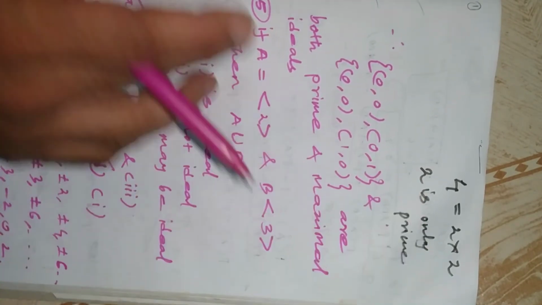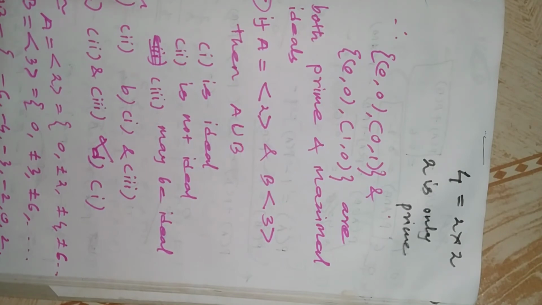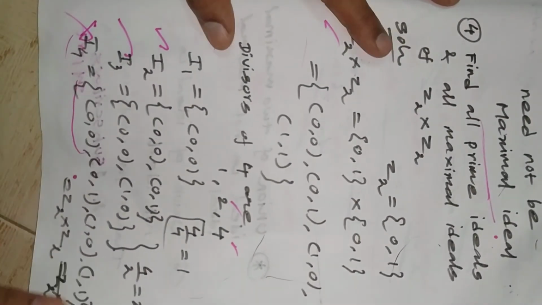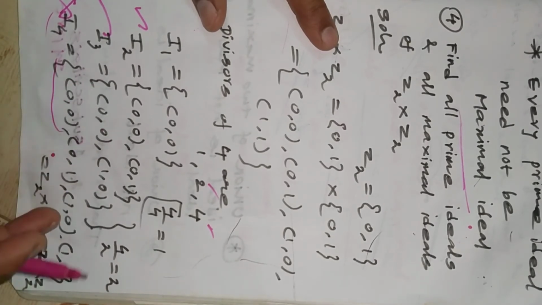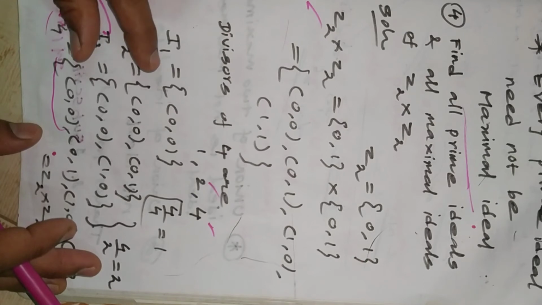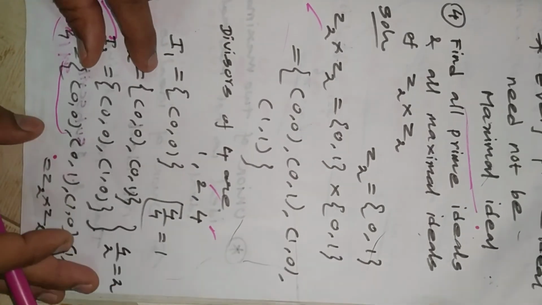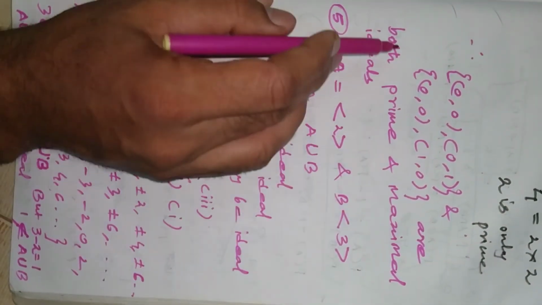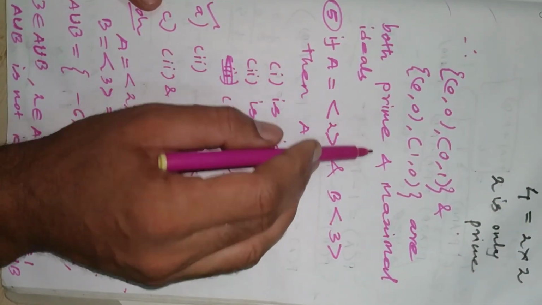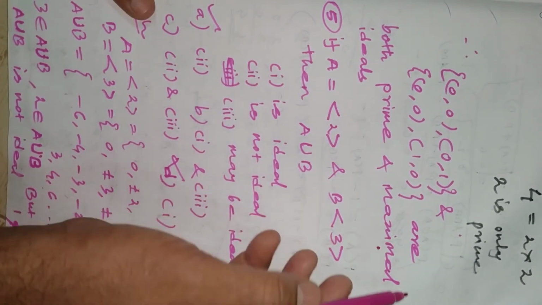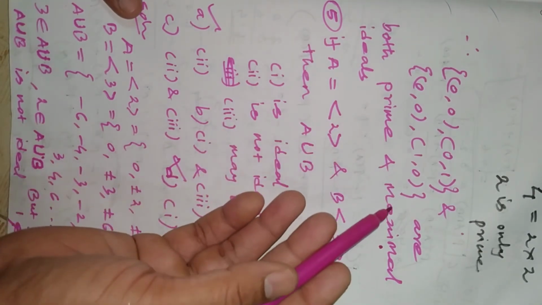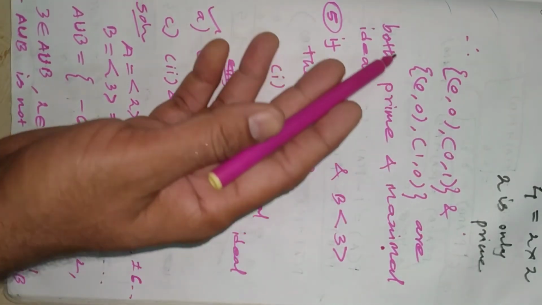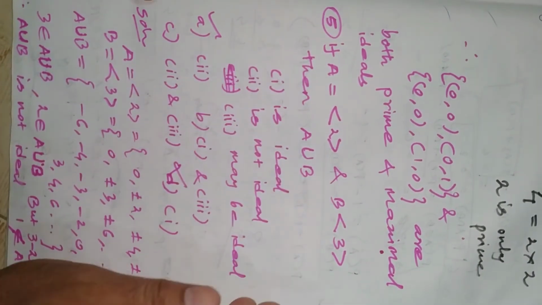So ideals with 2 elements are only 2. That is (0, 0), (0, 1). Another one is (0, 0), (1, 0). These 2 ideals only have 2 elements. So these 2 should be maximal ideals, am I right? So they are prime and maximal ideals. Because these are maximal ideals, just now you have seen every maximal ideal is a prime ideal. So both are prime and maximal ideals.